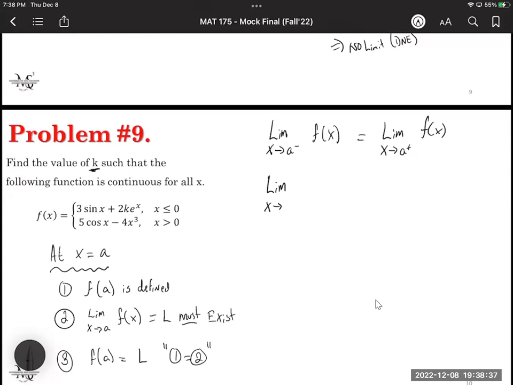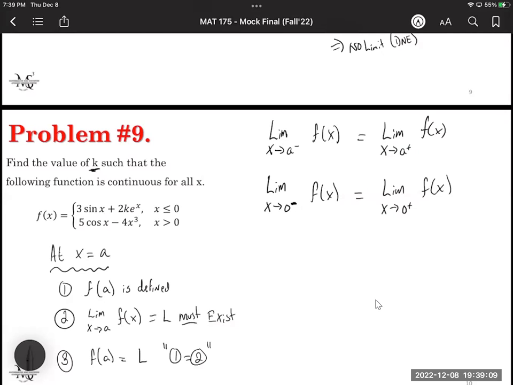So we say the limit as x approaches 0 from the left of f of x is equal to the limit as x approaches 0 from the right of f of x. Now from the left, which equation are we going to be using? The top equation or the bottom equation? If we're approaching 0 from the left, we use the top equation.